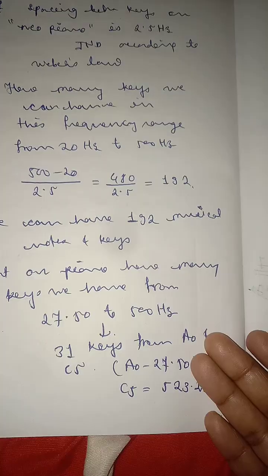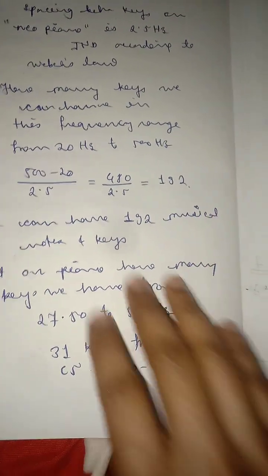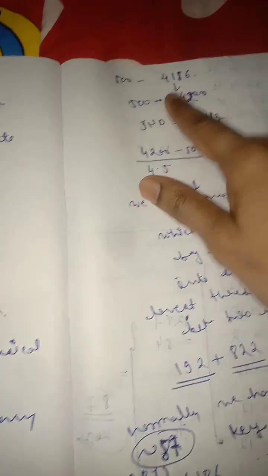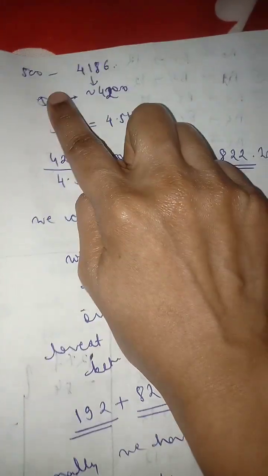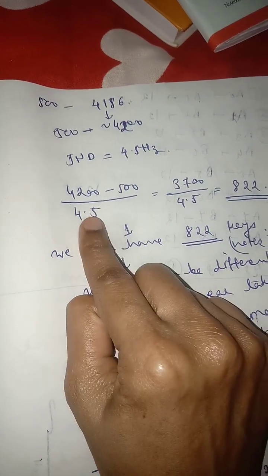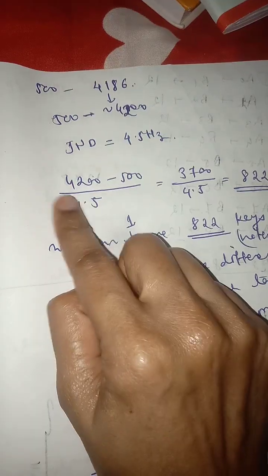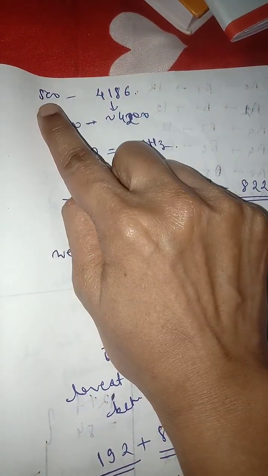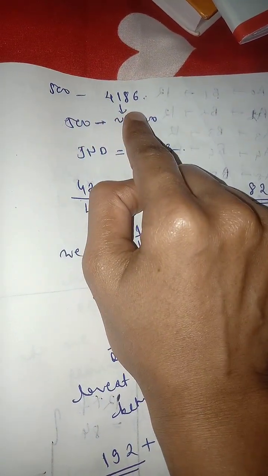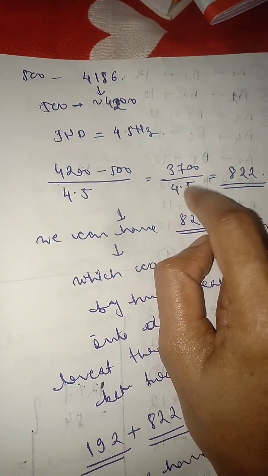So many keys can be added, almost more than double, triple, and 5 times more. So yes, if you want to add musical keys from 500 to 4186, take it as 4200, the difference comes as 3700.